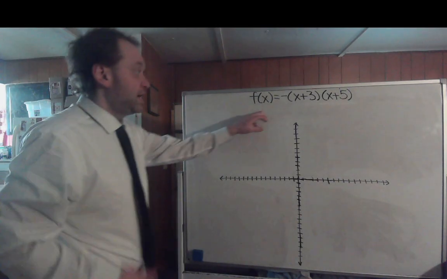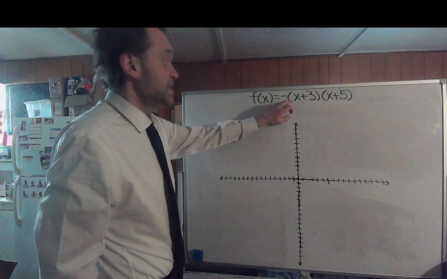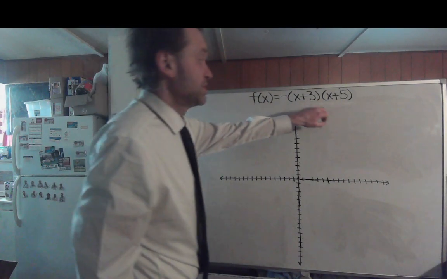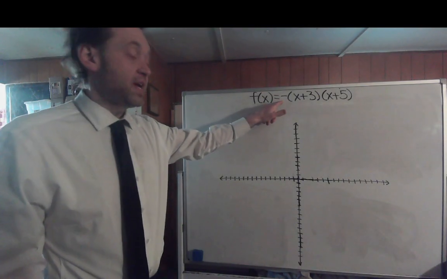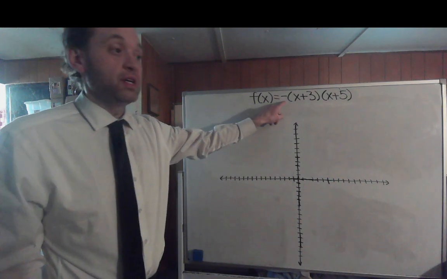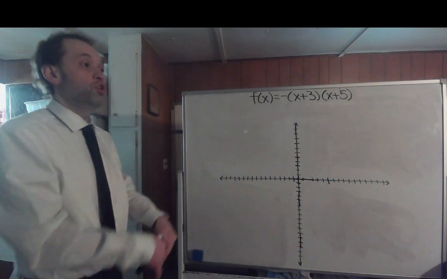All right, so f of x equals negative of the quantity of x plus 3 times x plus 5. Notice the coefficient, that a term is a negative 1, which means the parabola is going to open downward.